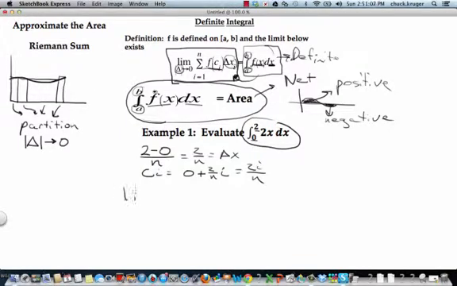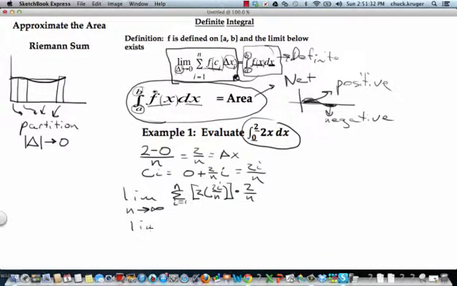And I'm going to take the limit. Notice that process hasn't changed. As n goes to infinity of an infinite number of rectangles, I'm adding the areas of those. And I'm going to have 2 times 2i over n. That's my function times my width, which is 2 over n.